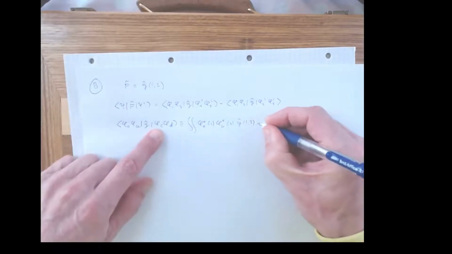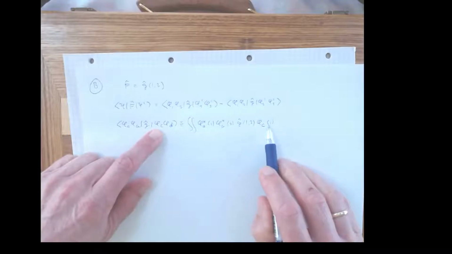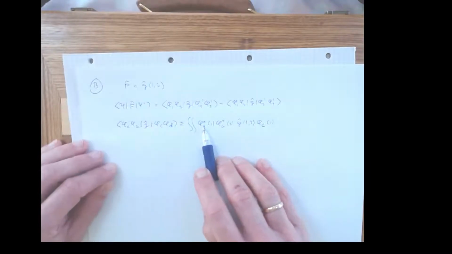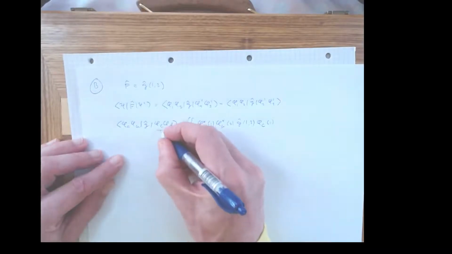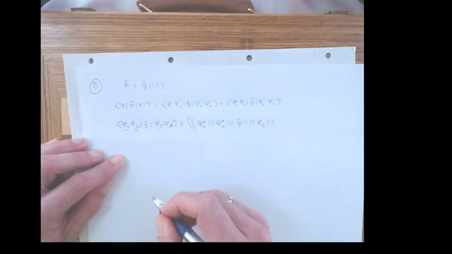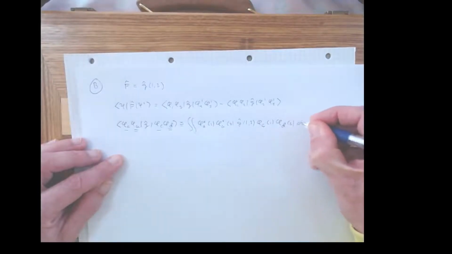And then the C state here, by convention, will have the same argument as the A state. So the first one here will have the same argument as the first one over here. And similarly, the B state will have the same argument as the D state. So I also get a D with argument 2.